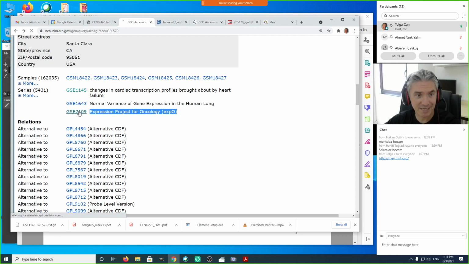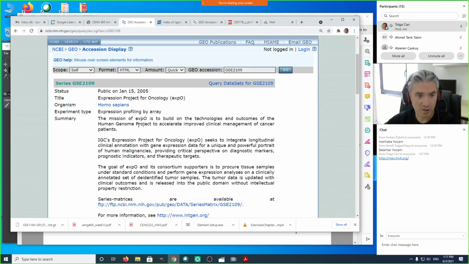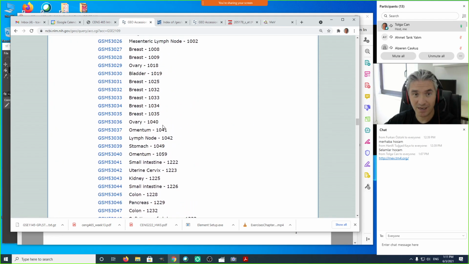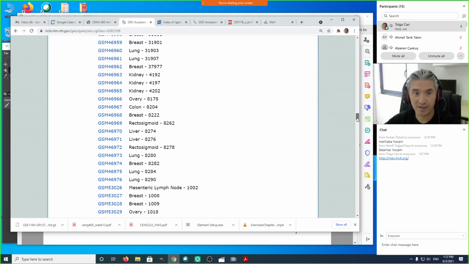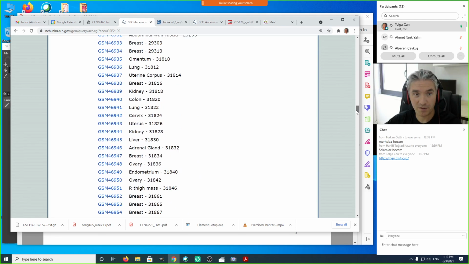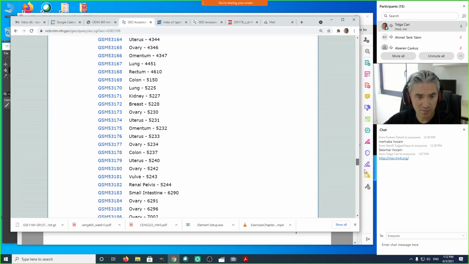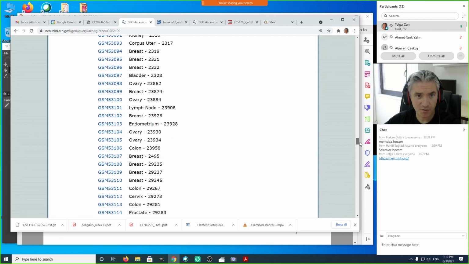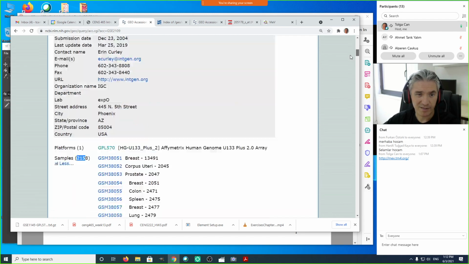Probably this is a very big dataset since it's part of a big project. If you look at this, there are 2,000 samples. Look at this, the cancer tissues are from very different cancer types. You may analyze this data to see different expression levels between different cancer types. Do they have normal non-cancer samples here?